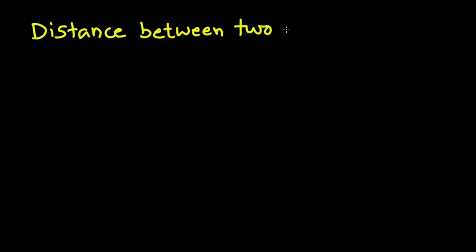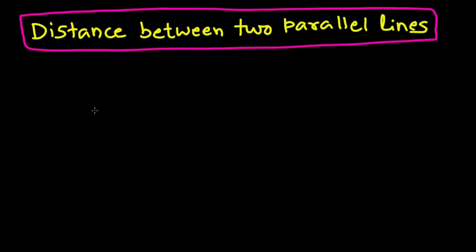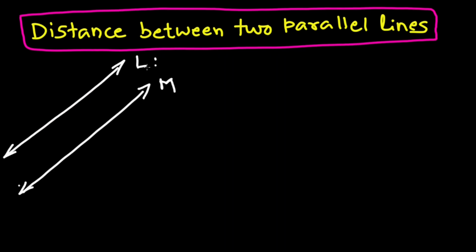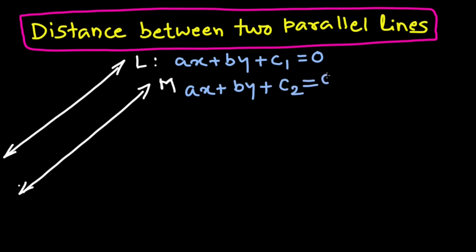We will discuss how to find the distance between two parallel lines. Suppose we are given two parallel lines L and M. Let the equation of line L be ax plus by plus c1 equals 0 and the equation of line M be ax plus by plus c2 equals 0.